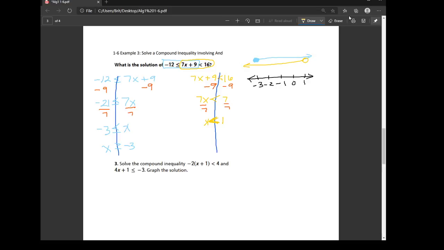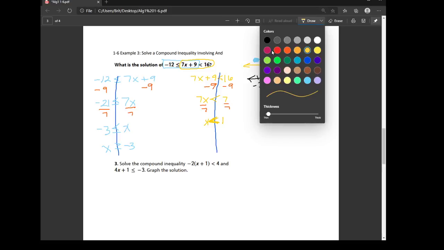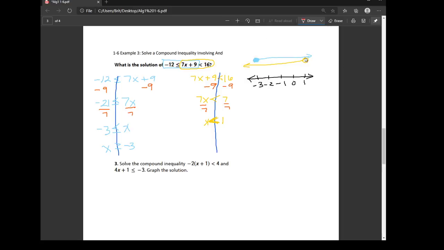Now my solution set, what I would graph on my number line, is only the values that would work for both the blue and the yellow. Like over here, the blue isn't covering the yellow either, so it doesn't work. What it does is create kind of this Q-tip shape.